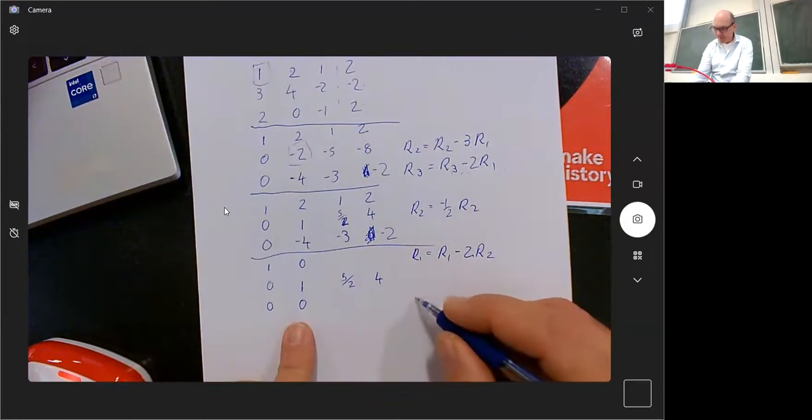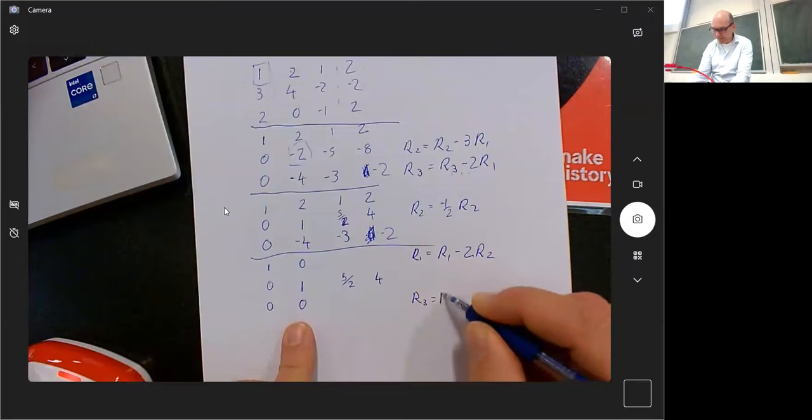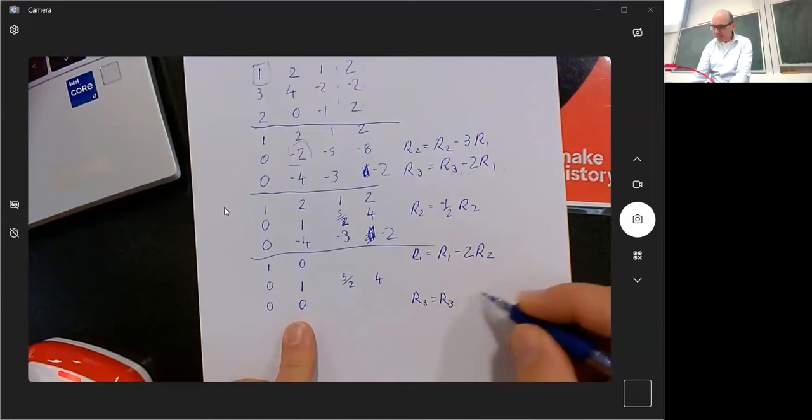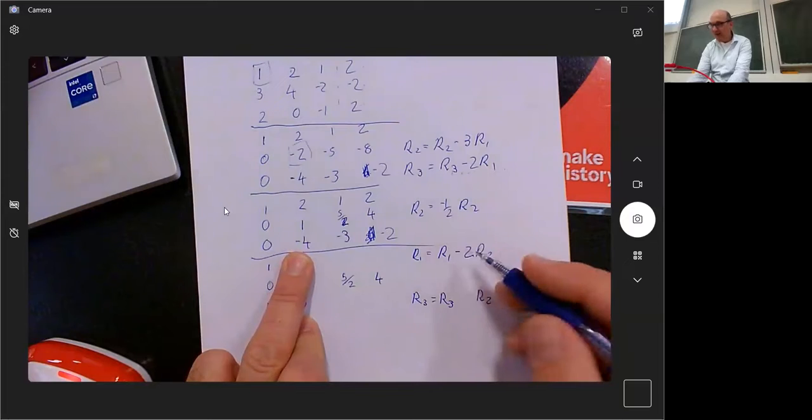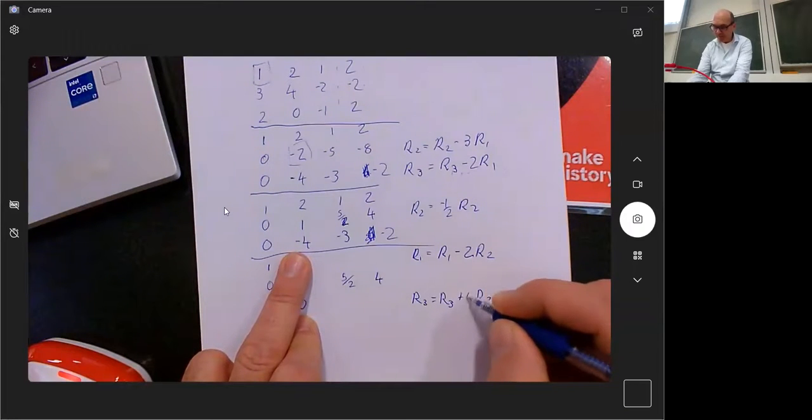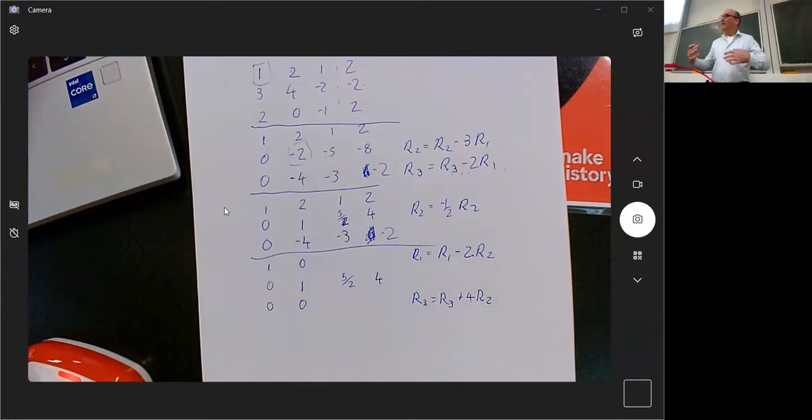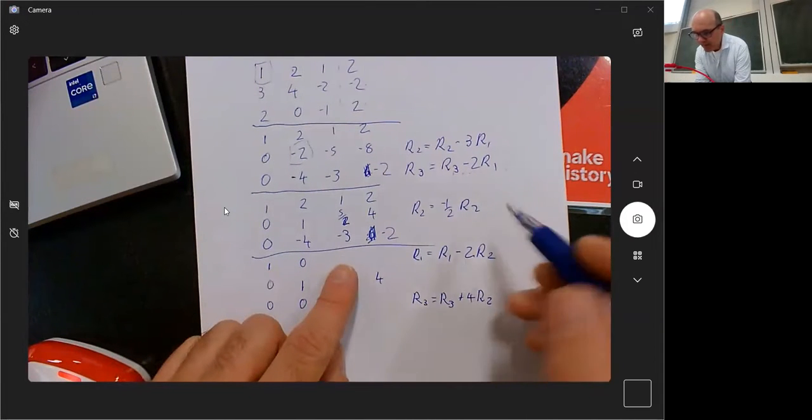So when I come down to this one, row 3 is equal to row 3 plus something times row 2. Because this is minus 4, my minus 4 becomes plus 4. It's a very mechanical process. The reason we love doing this is I can program the computer to do this really simply.